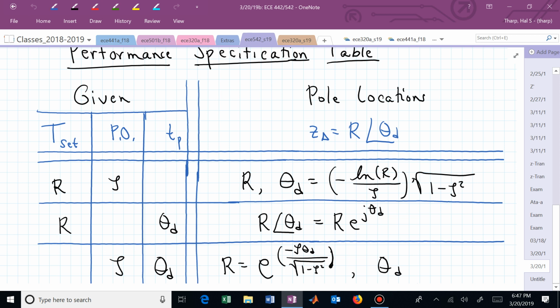Or you're given settling time and peak time, that immediately gives you z delta, because that gives you a theta and an r. If you get a percent overshoot and a peak time, now you have to solve for r, but you are given theta d. Those are the combinations, and we have to worry about those to find z delta.